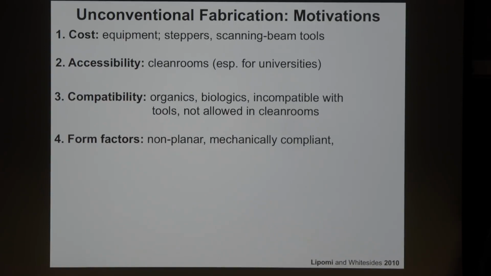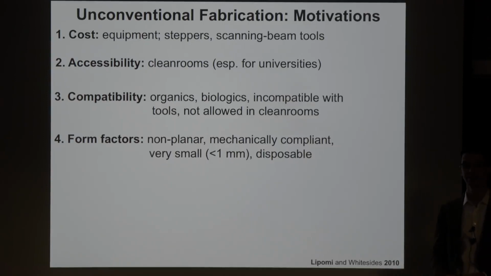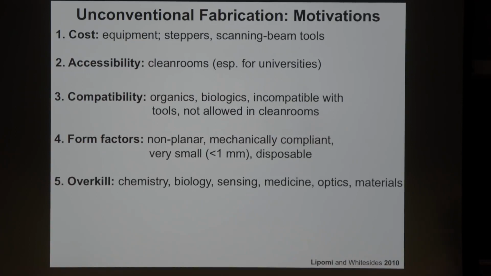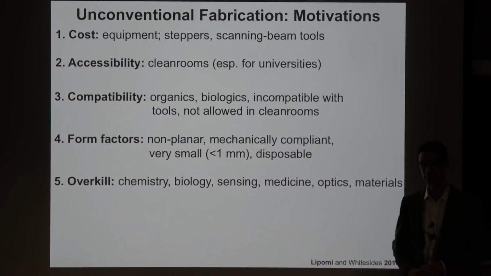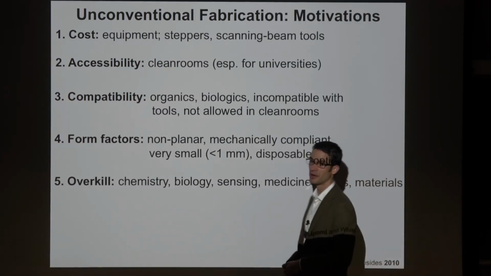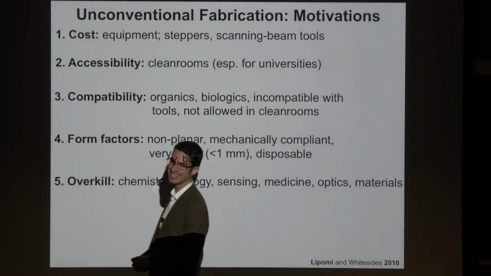Often we're interested in non-planar, mechanically compliant, and very small and disposable form factors, so flexible hybrid electronics, not necessarily rigid semiconductor wafers. And the techniques invented for semiconductor manufacturing are really quite overkill. We talked about the error rate that's allowable in semiconductor manufacturing being about 1 part in 10 to the 18.